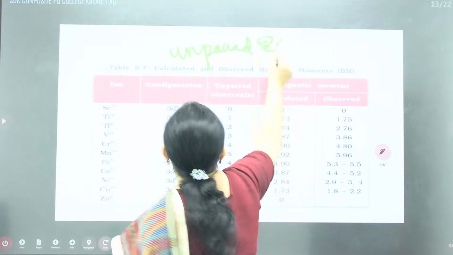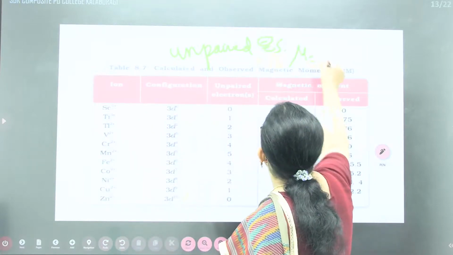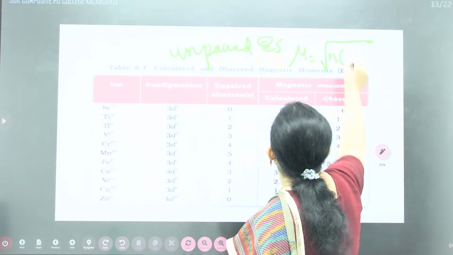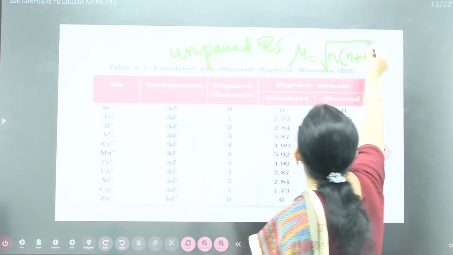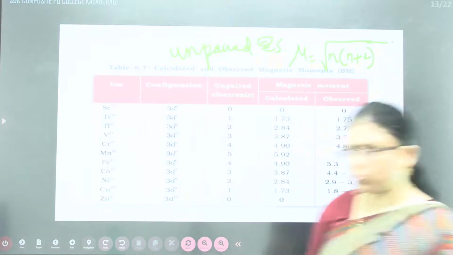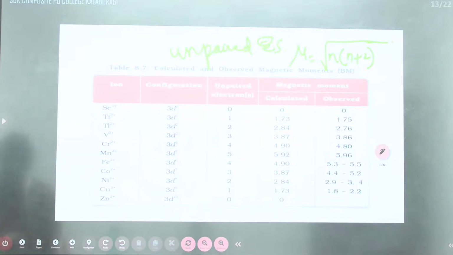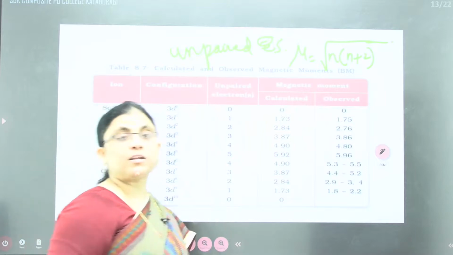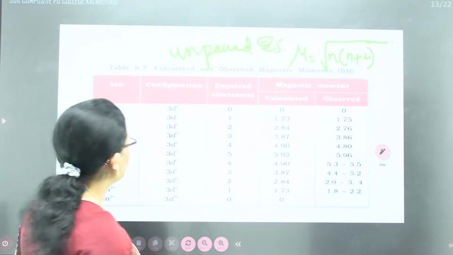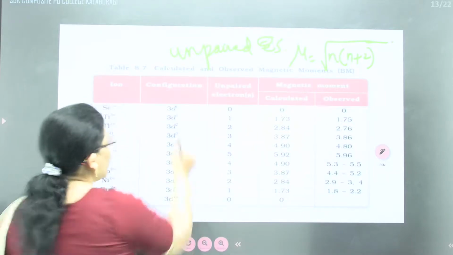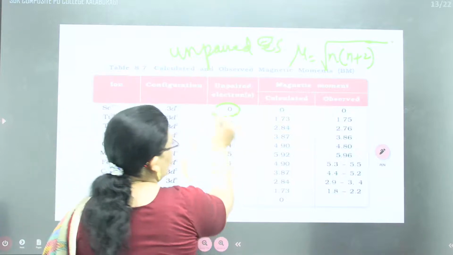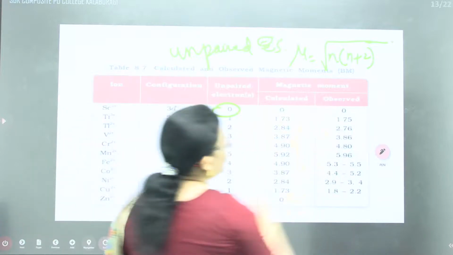Magnetic moment can be calculated by using the formula mu is equal to square root of n into n plus 2, where n represents the number of unpaired electrons. Therefore, when the number of unpaired electrons is 0, mu will become equal to 0.